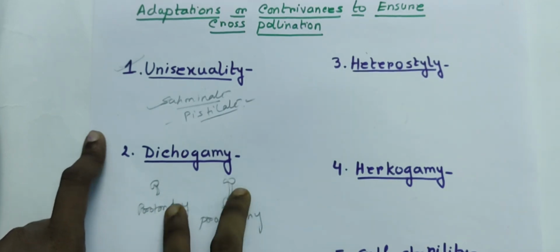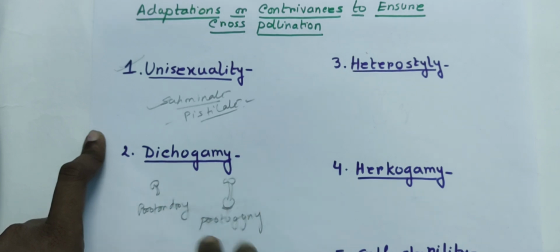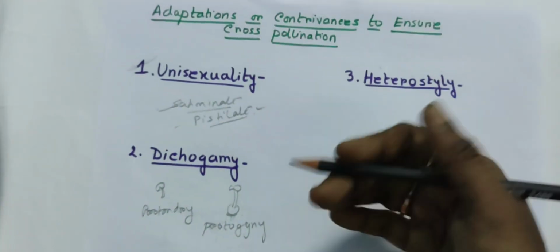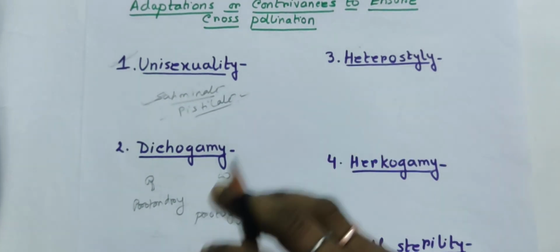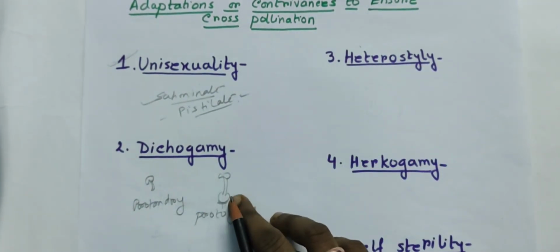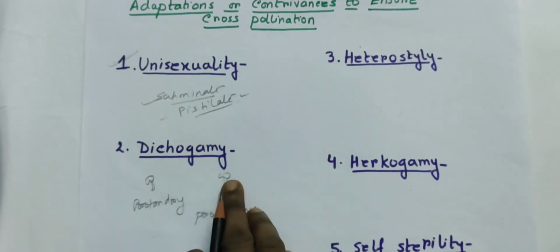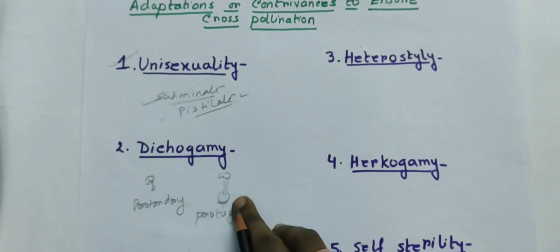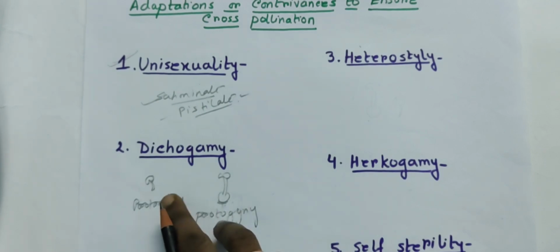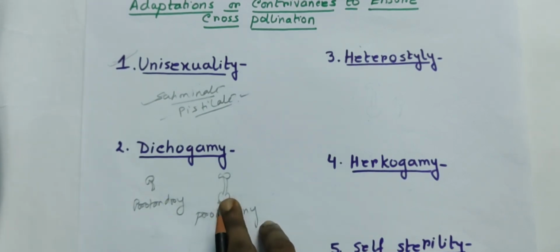Both are not maturing at the same time, so they must depend on another flower for receiving the pollen grain. Suppose gynoecium matures first but the anthers are not mature. So pollen must come from another flower, because its own androecium is immature till then.